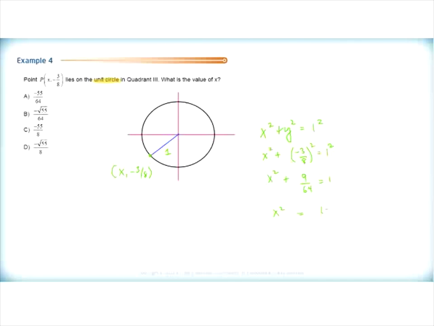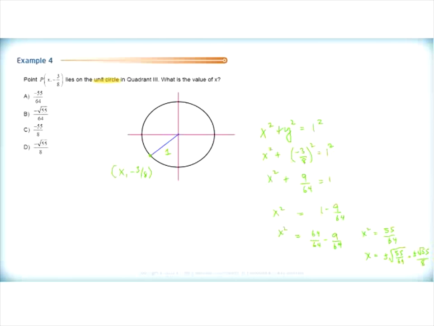X squared will equal 1 subtract 9 over 64, which is 64 over 64 subtract 9 over 64. So x squared will equal 55 over 64. So x equals plus or minus the root of 55 over 64, which will be plus or minus the root of 55 over 8.